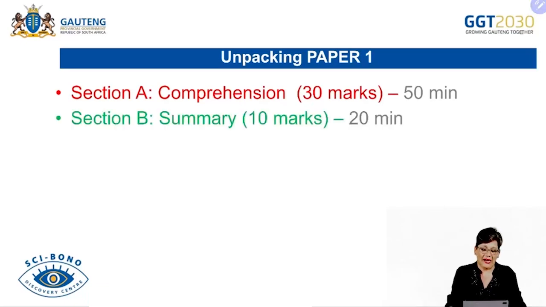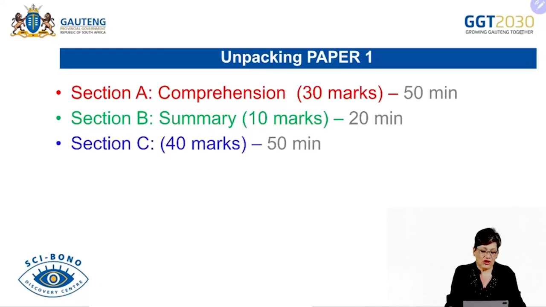You'll have section A, which is a comprehension, and then on this one, you'll have 50 minutes, which means you have to have a watch to time yourself, or you can look at the big watch or clock in your room. For the summary, which only counts 10 marks, you will spend 20 minutes on that.